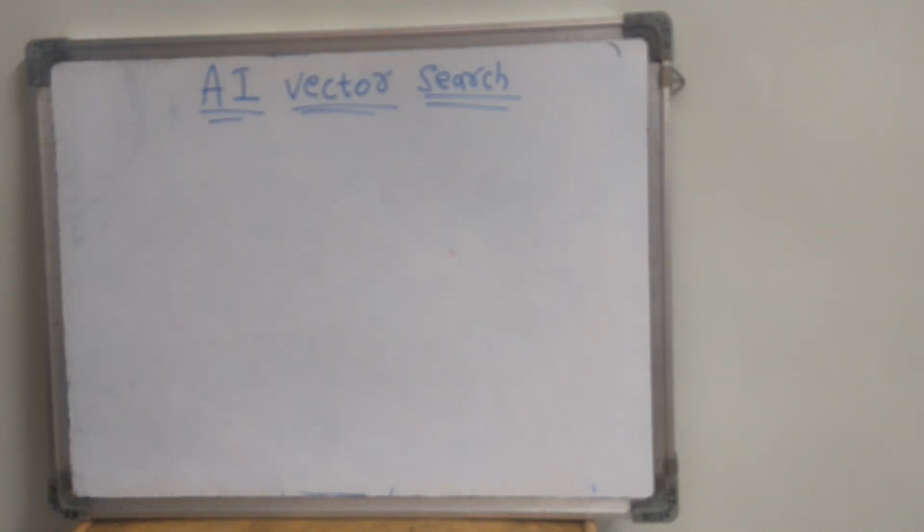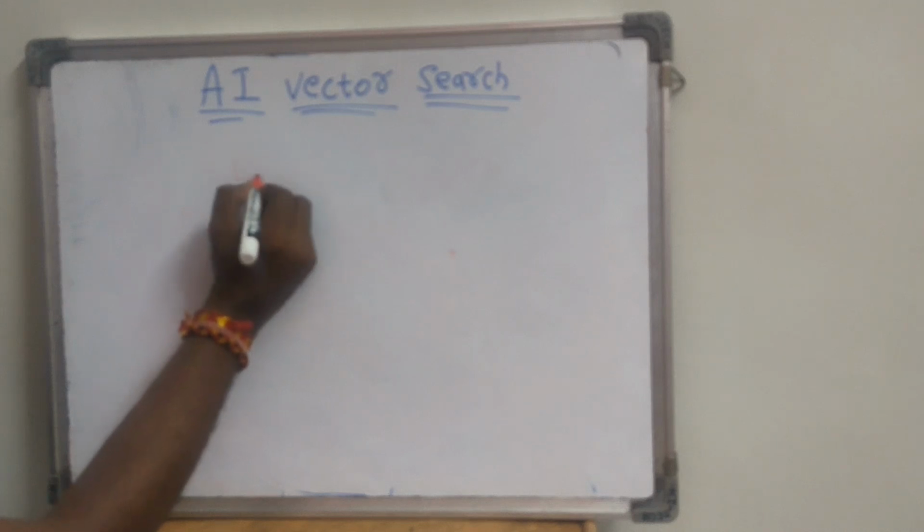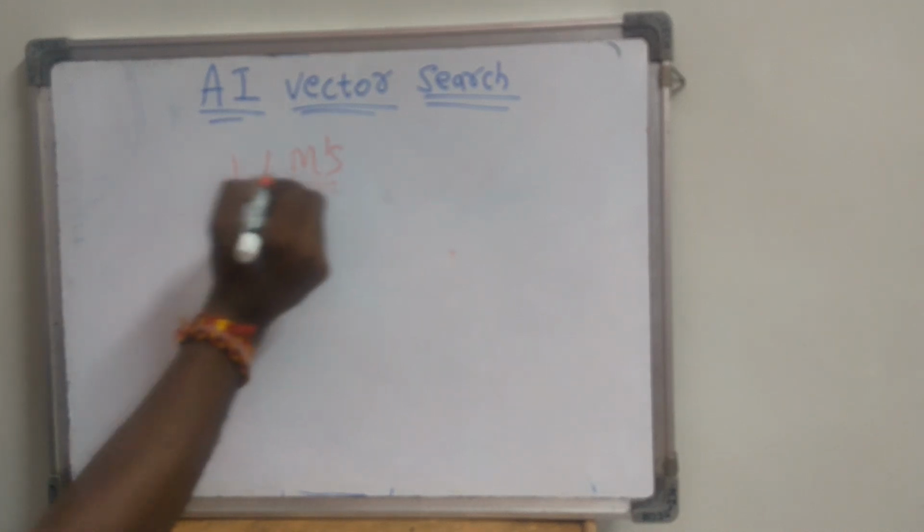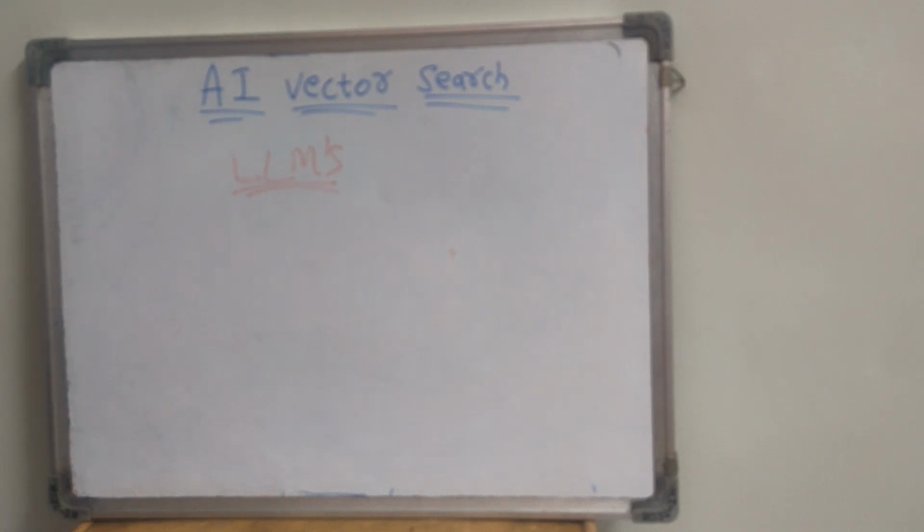Now let's see, Oracle AI Vector Search also allows interaction with LLMs. What is an LLM? LLMs are large language models trained on a massive amount of data that can be used to generate and translate text and content, and also perform other natural language processing tasks.